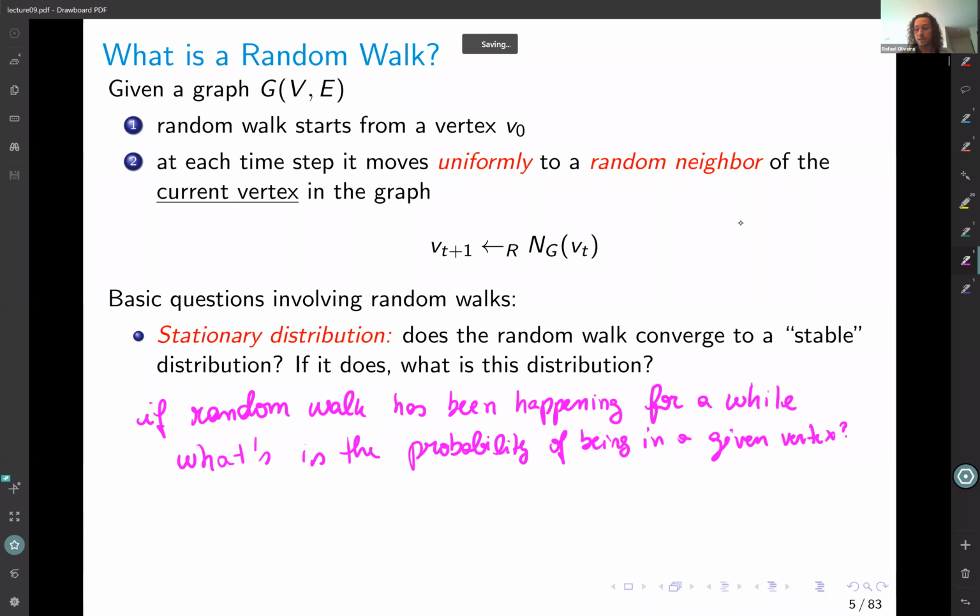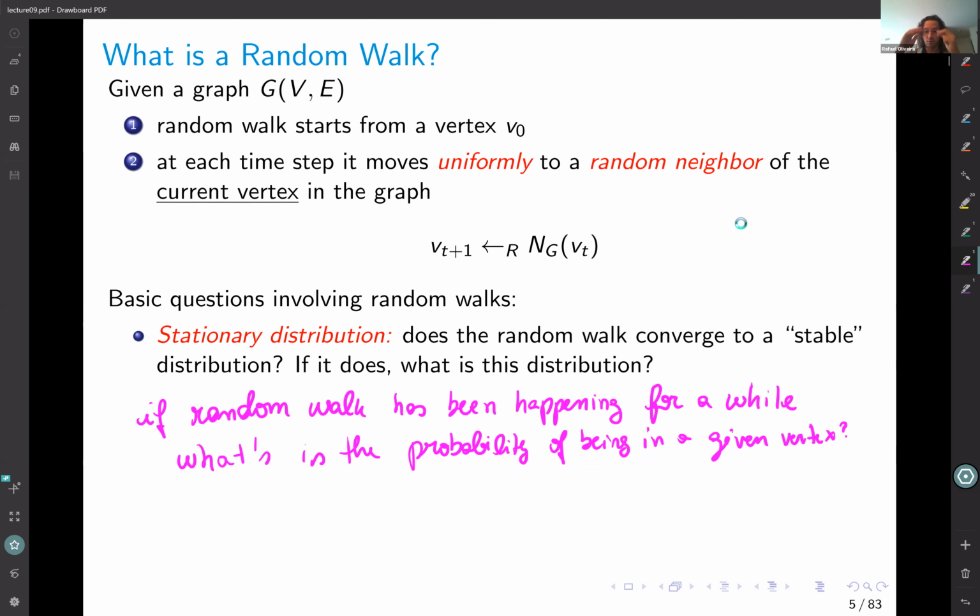Those are the things that we're trying to understand. And this actually boils down to studying, for example, the stationary distribution. If we walk long enough, the first thing that we want to ask is, does the random walk converge to a stable distribution? Can we say that after that, we know what the distribution will be?